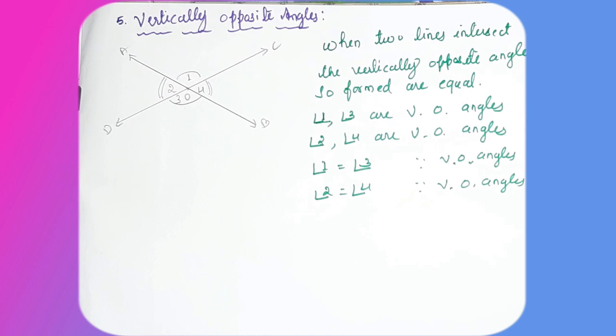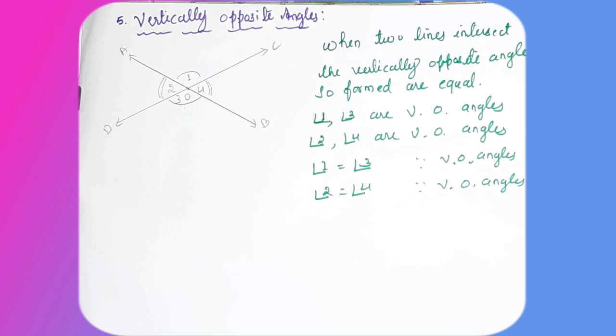When two lines intersect, the vertically opposite angles so formed are equal. Here angle 1 and angle 3 are vertically opposite angles, and angle 2 and angle 4 are vertically opposite angles. So angle 1 equals angle 3 and angle 2 equals angle 4 because they are vertically opposite angles. These are the kinds of angles we have learnt on the basis of line, line segment and ray.